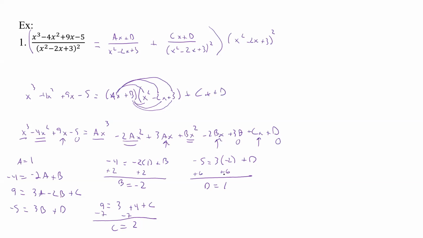So now what do we have? Now what we need to do is plug everything in here. All right, so let me make sure I have everything. Okay, so now we plug A in for that. A was 1, so we just have x plus B, which was a negative 2, so I should probably just put minus 2 there.